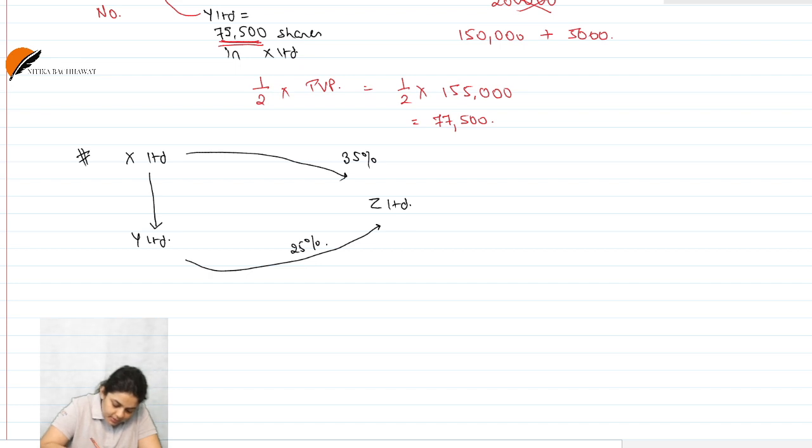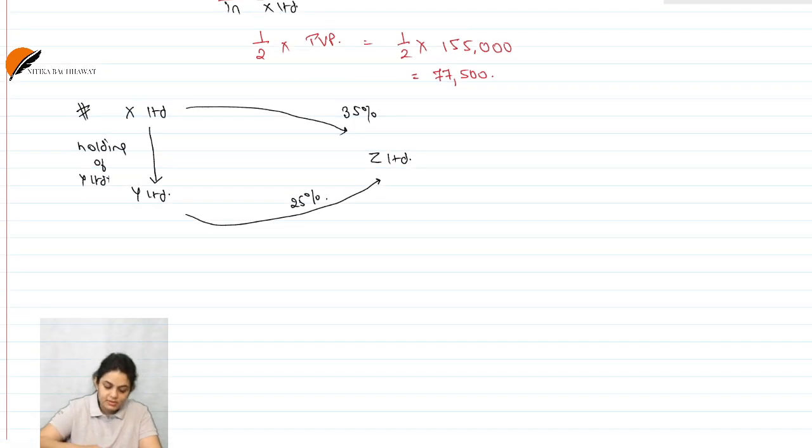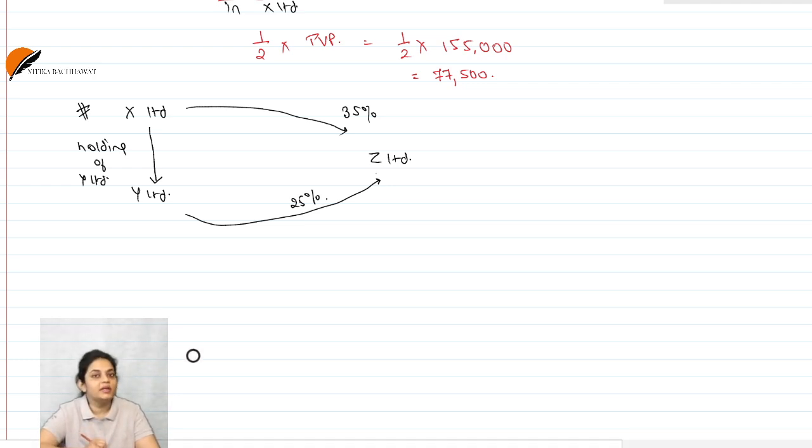X Limited is the holding of Y Limited. Right? So what is the relation between X and Y? X is the holding of Y Limited. Now X Limited is holding 35% of Z Limited. Y Limited is holding 25% of Z Limited.